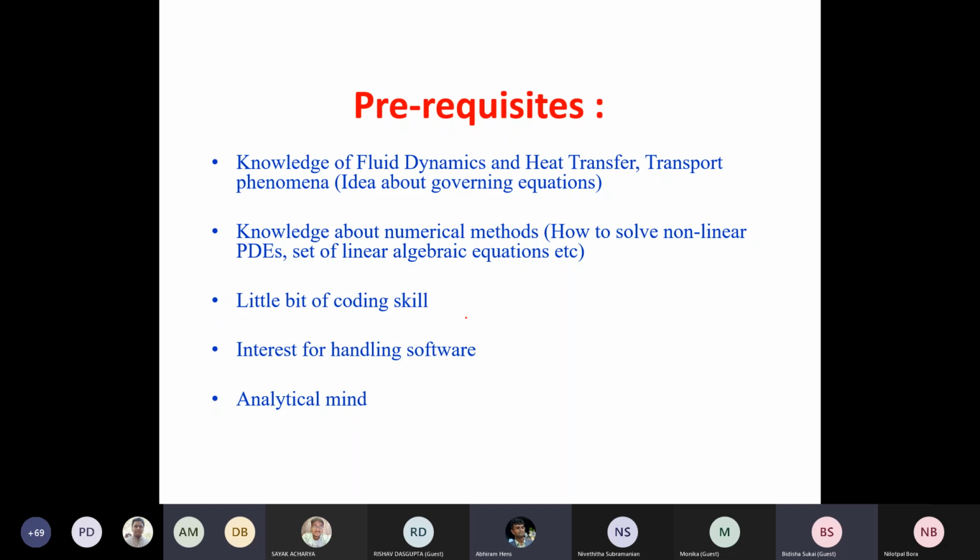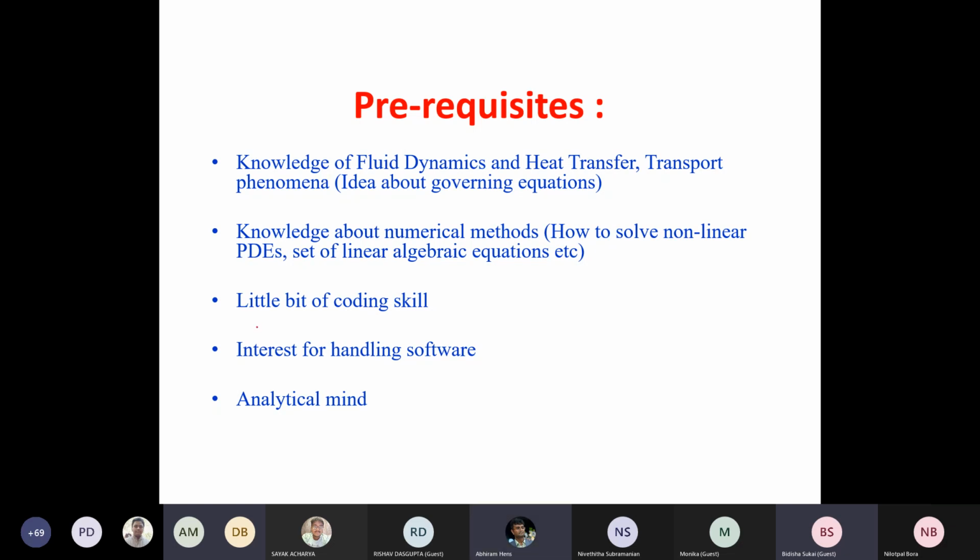If you don't have any numerical background course, grasping the concept may be a little bit difficult. However, we will try to give the broad outlines in this course. So knowledge about numerical methods is essential, specifically how to solve nonlinear PDEs, sets of linear algebraic equations, etc.